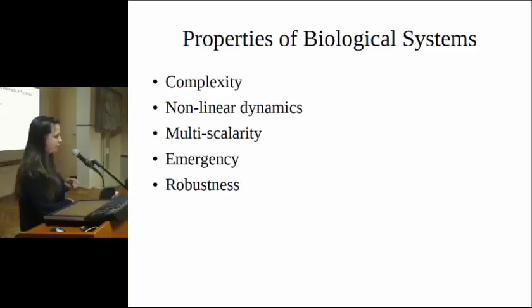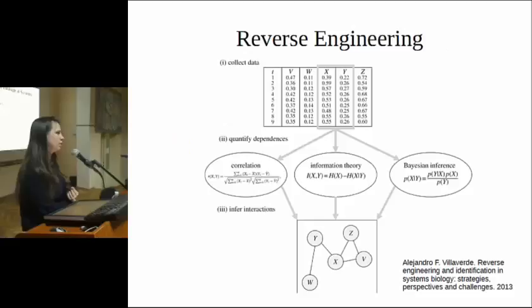This is a very interesting concept, and if you want to go into modeling, you should take that into account. And probably the most widespread and basic method of systems biology is reverse engineering.